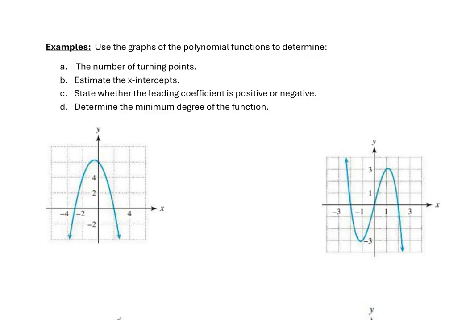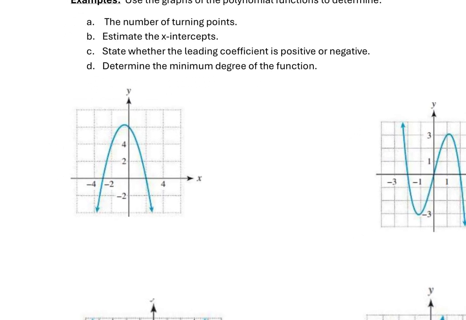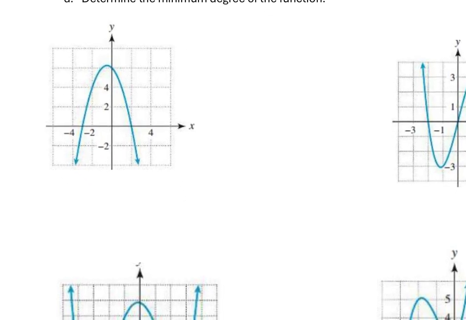So we want to figure out the turning points. How many turning points do we have? We want to estimate the x-intercepts. We want to state whether the leading coefficient is positive or negative. And we want to determine the minimum degree of the function. All right, let's go ahead and look at our first example.